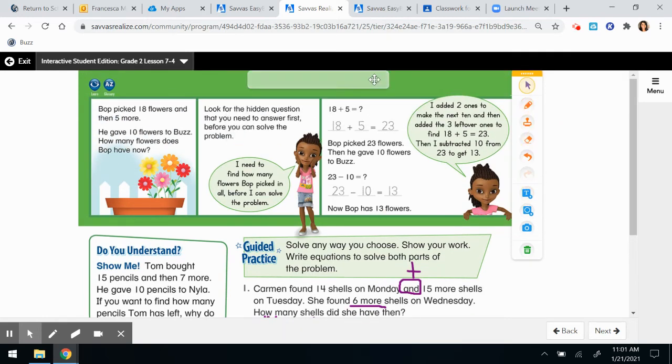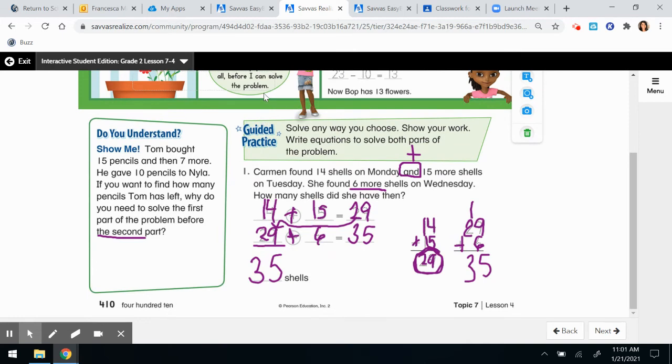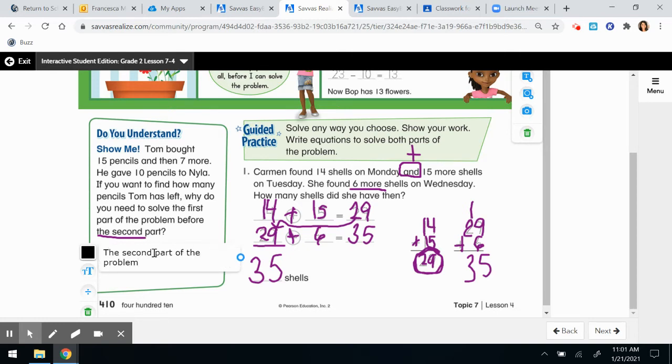So we need to, I'm going to write this out. We'll do some writing here. The second part of the problem is based off of the first part. We need to find how many pencils in all before we take any away.